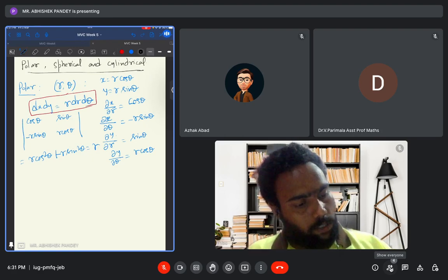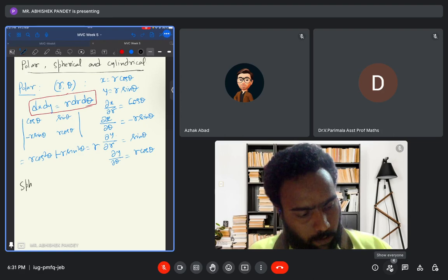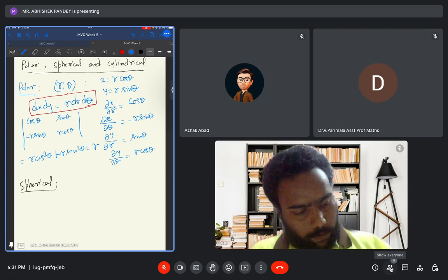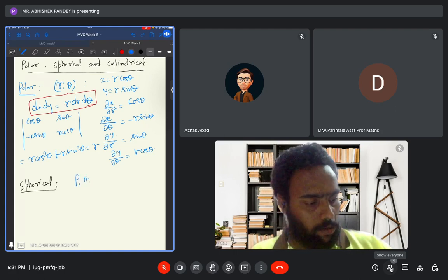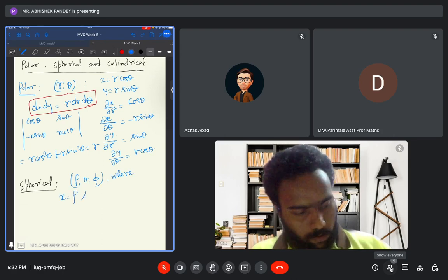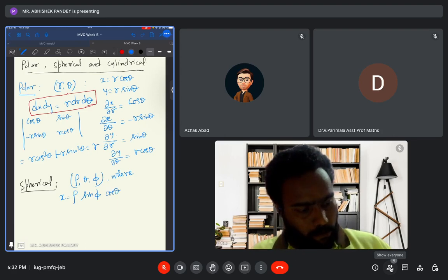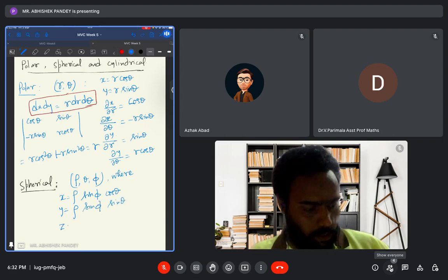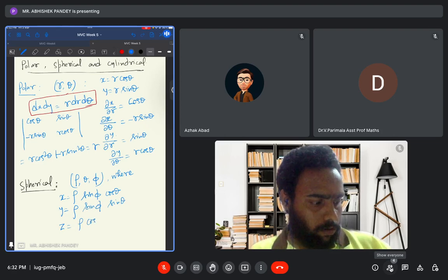Now we'll move towards the spherical. In spherical we have rho, theta, phi, where x equals rho sin phi cos theta, y equals rho sin phi sin theta, and z equals rho cos phi.